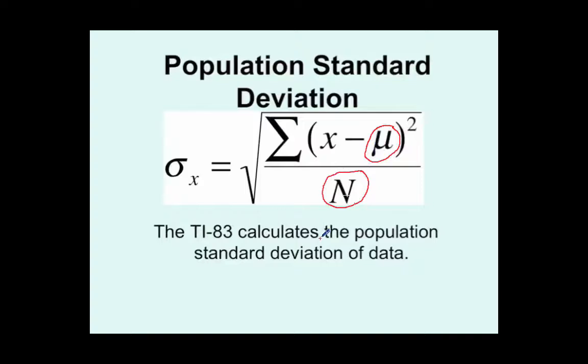Now, if we calculate this population parameter, then we're going to use a Greek letter to represent it, and the Greek letter here is a lowercase sigma. So the way that's read is S-I-G-M-A, okay?